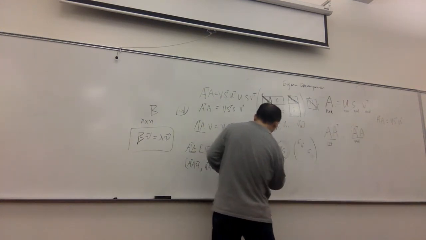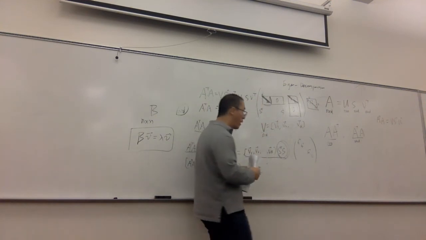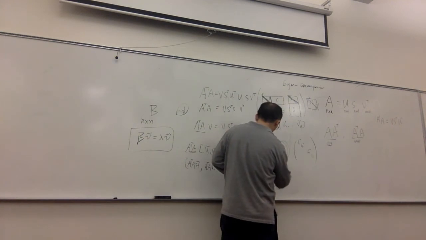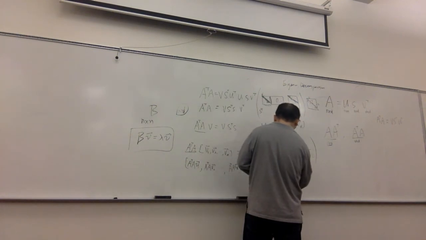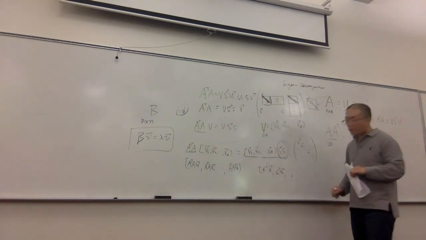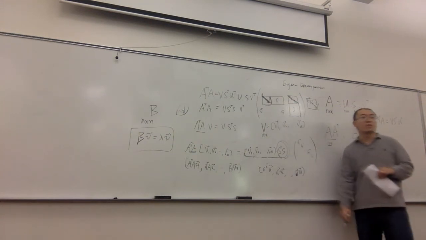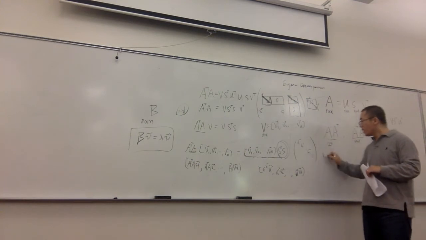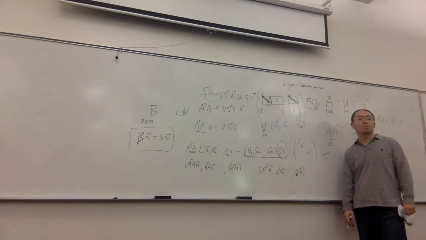The first column vector in the result will be sigma 1 squared times V1. The second is sigma 2 squared times V2. And you can continue until the last vector, sigma d squared times Vd, because it has d columns. But again, if r is smaller than d, then sigma d square must be 0. Any question at this point?